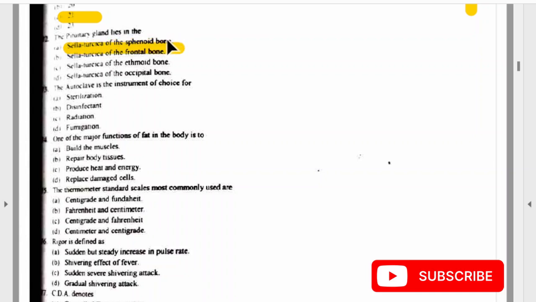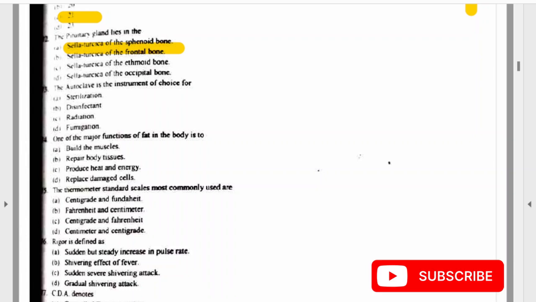I'll tell you why A is the answer. So first of all, what is the pituitary gland? The pituitary gland is actually a small pea-sized gland, and it is located in a bony cavity at the base of the skull. That bony cavity is called the sella turcica, right? And it is also part of the sphenoid bone. All right, so that's why A is the answer.